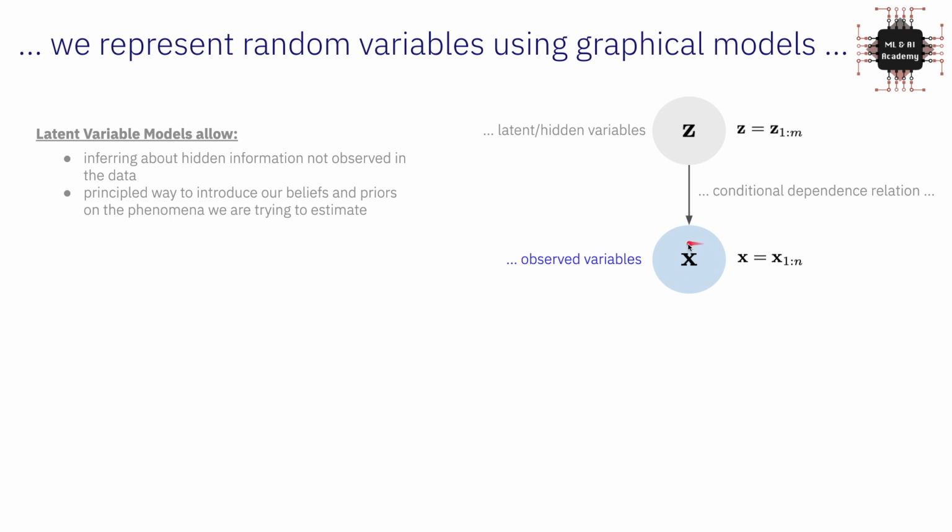So x is a random variable and z is another random variable, and we have x conditioned on z. That's how we observe our data. So this here is what nature is doing in the background, and I'm trying to model that process that nature is doing.